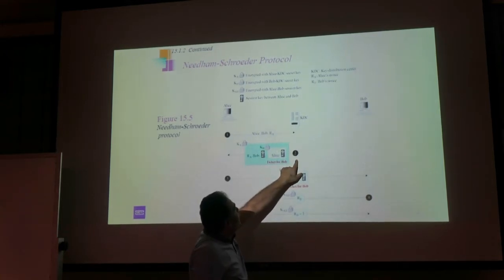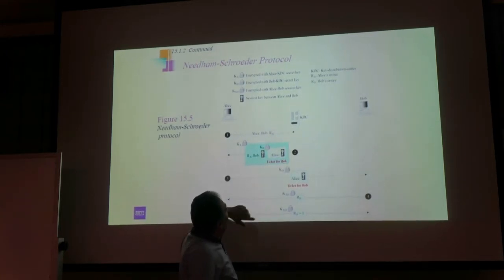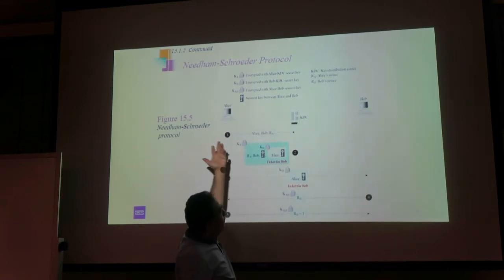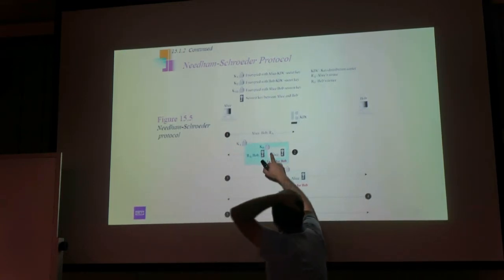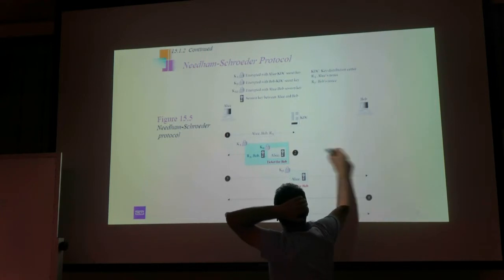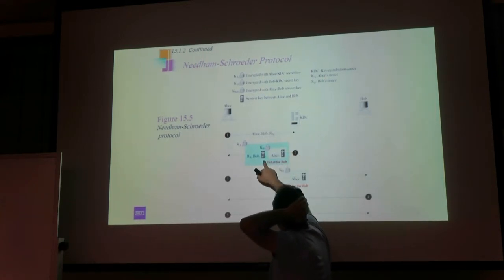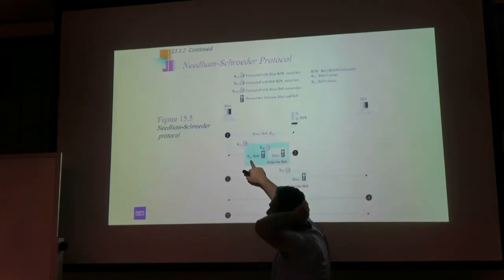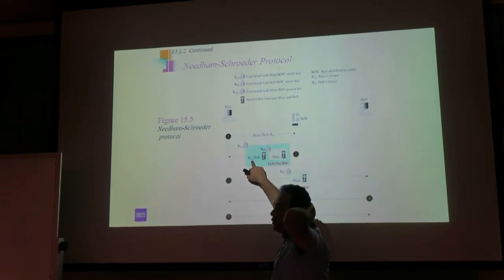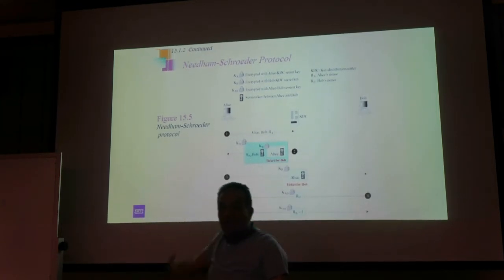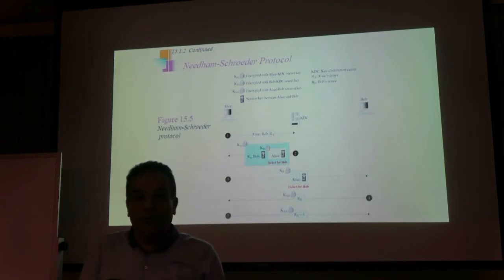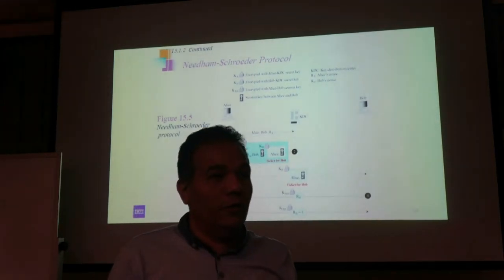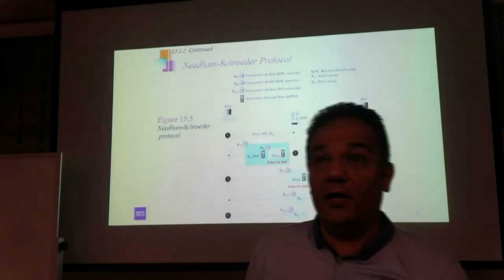Then the KDC will generate the key, of course, and will encrypt it with the key that Bob knows, put it in a box, and send the key with the nonce. What is the function of the nonce in here? Why do we need a nonce? Replay? No, right, to prevent the replay.